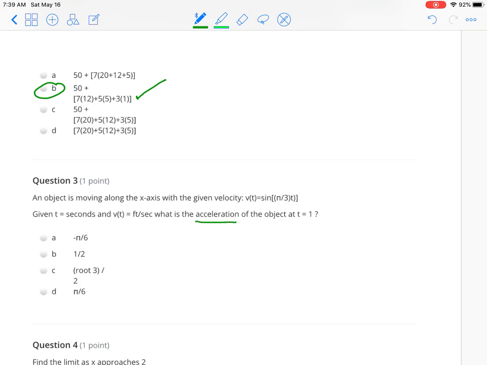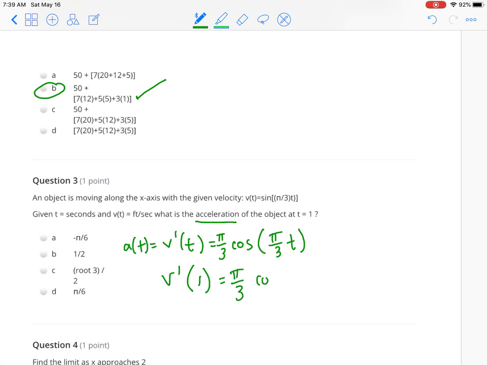Okay, this says what is the acceleration. So if you have velocity, the acceleration is the derivative of velocity. So the derivative of the sine of something is the cosine of the something, and then the derivative of the inside is pi over 3. So the acceleration at 1, you're just plugging the 1 in there.